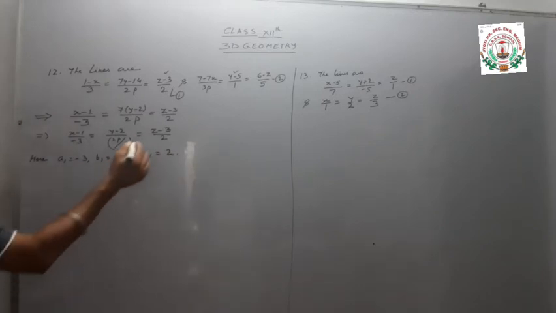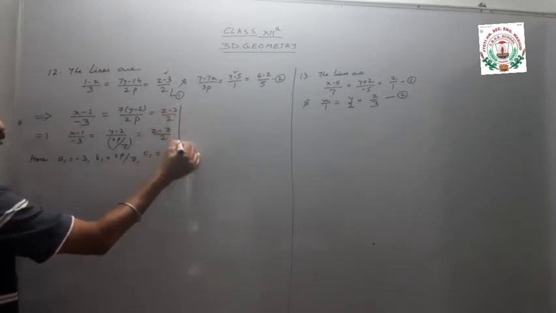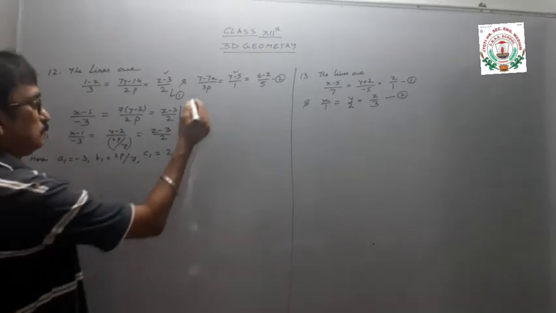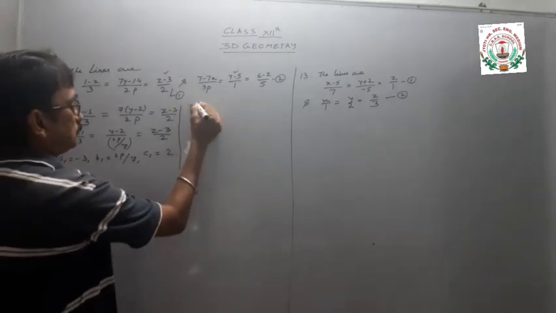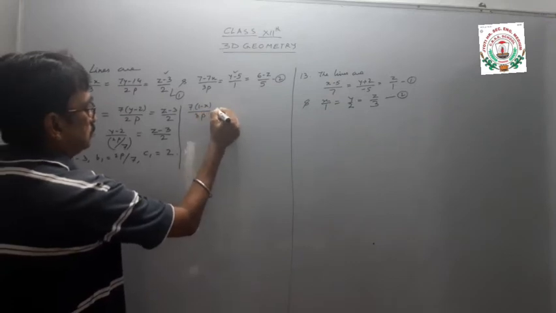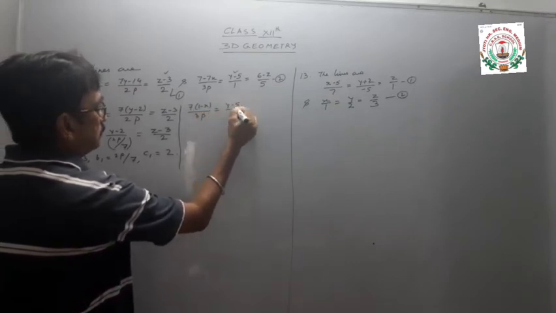Now same thing I am going to apply for the second equation. I have to convert in the general format. यहाँ पे 7 कॉमन लिए, (1 − x)/(3p), ये ऑलरेडी फॉर्मेट में है.